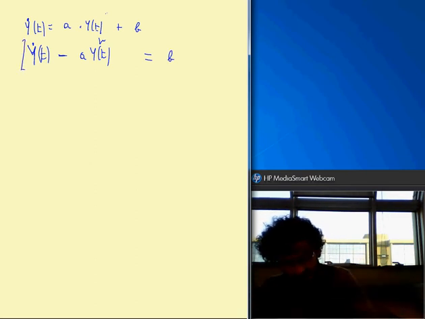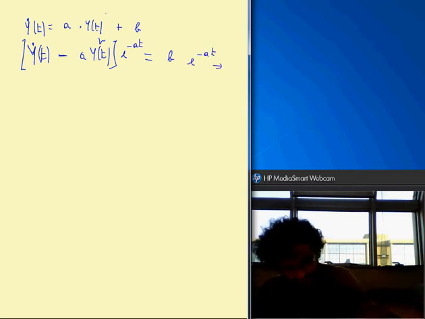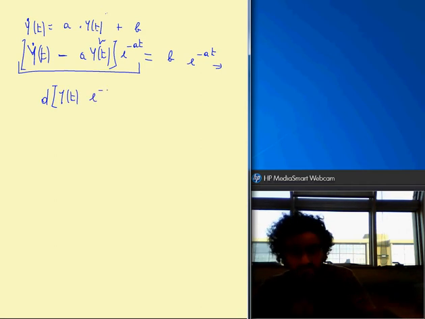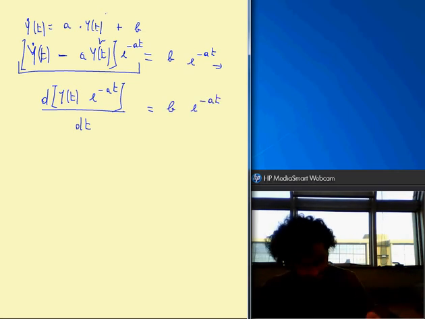In this case, we can multiply both sides by an integrating factor, e to the power minus at, so it's possible to write the left side as the derivative of y of t times e to the power minus at with respect to time, equal to b e to the power minus at.